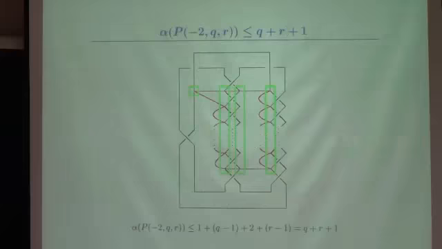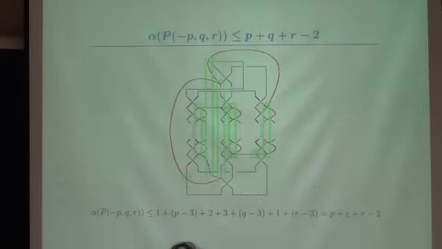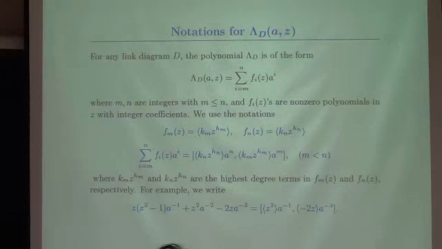And for the lower bounds, we compute the spread of the lambda polynomial. So for any link D, the lambda polynomial is of this form: sigma Fi z times a to the power i, and Fi z is some integer coefficient polynomial in z.